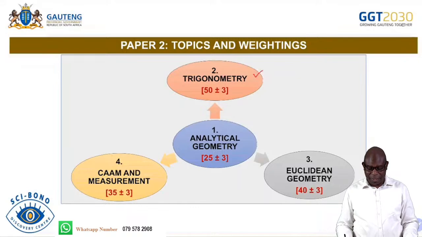From there you have your Euclidean geometry in questions 7, 8, and 9, and then circles, angles, and angular movement, which is question 10, and question 11 will be on measurement. So the order of the questions remains like that. When you go into your examination, the first part you know is analytical geometry, and I'm going to do it in that particular sequence.